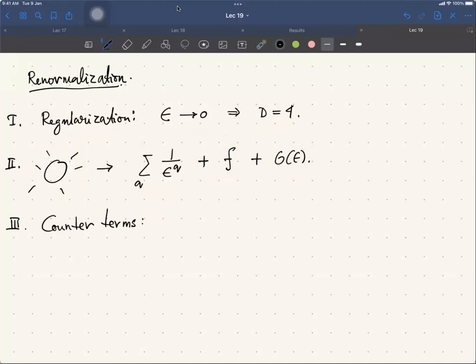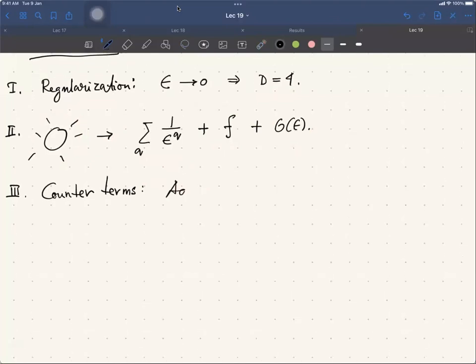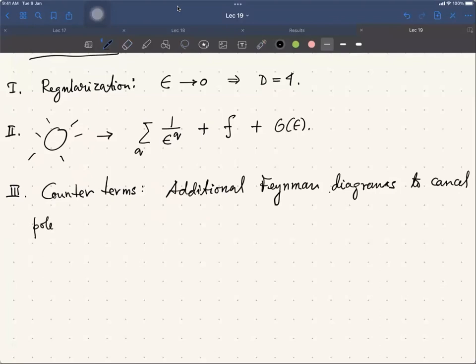In this discussion, the main point is to add additional Feynman diagrams which will cancel the poles coming from the original diagrams.